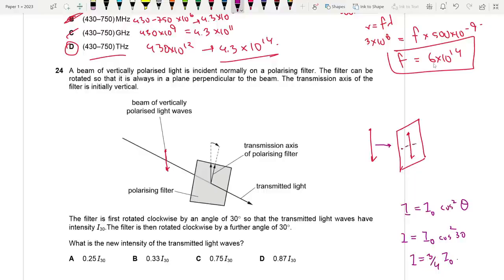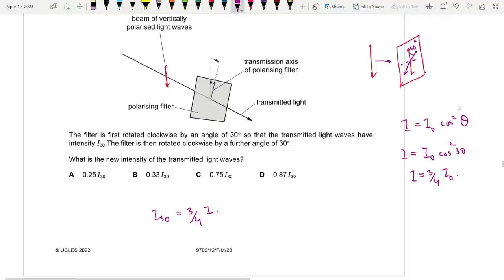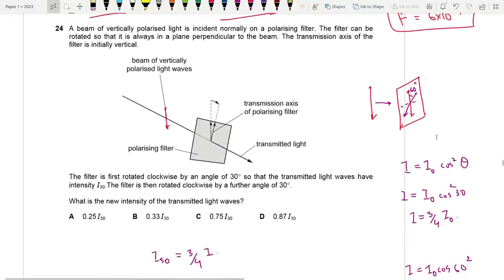If you do the math, I is equal to I naught cos squared 60, which turns into 1/4. So I is equal to 1/4 of I naught. But here, listen to the question carefully. It's a bit complicated.